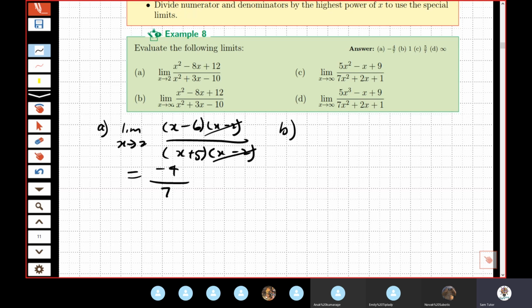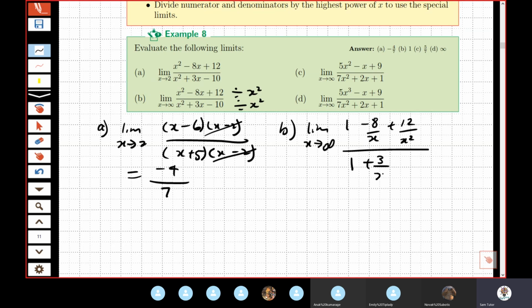B. As x approaches infinity, I've got to divide by x squared, the highest pronumeral of the denominator. So x squared on x squared is 1. 8x on x squared is 8 on x. 12 on x squared is... x squared on x squared is 1. 3x on x squared is... and then negative 10 on x squared.